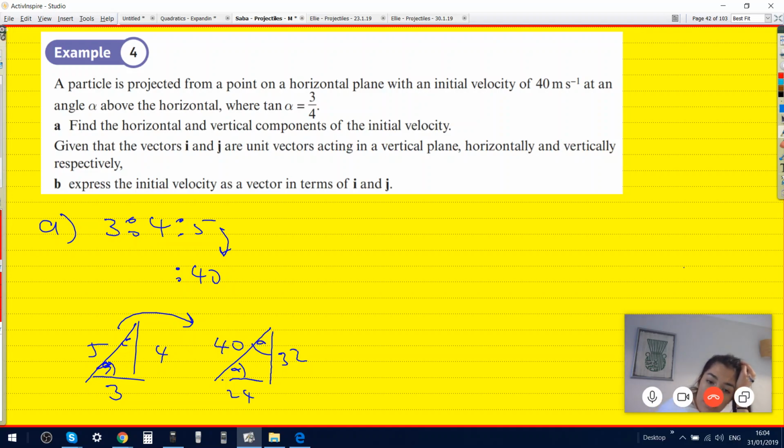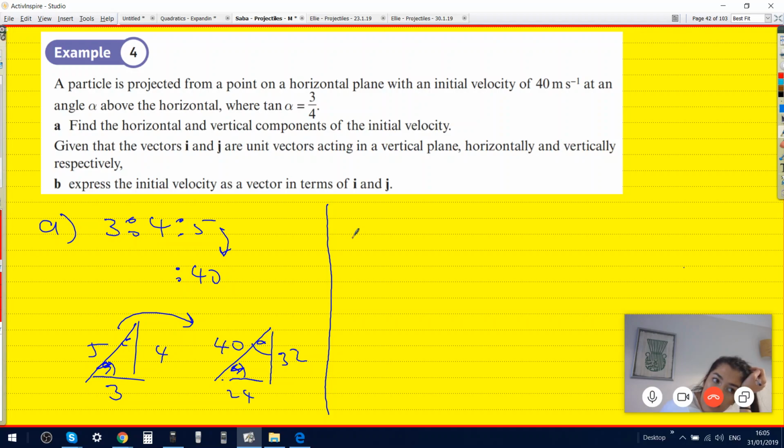And so what were we asked to find? Find the horizontal and vertical components of the initial velocity. I think that's it, isn't it? What's the horizontal? 24.